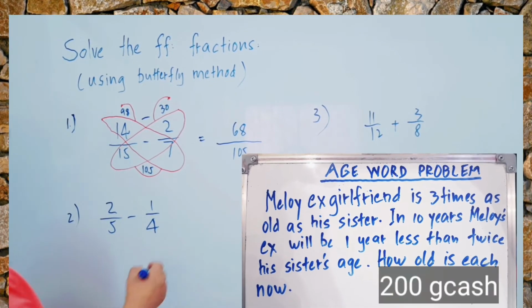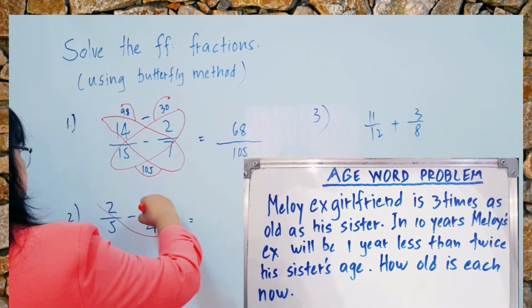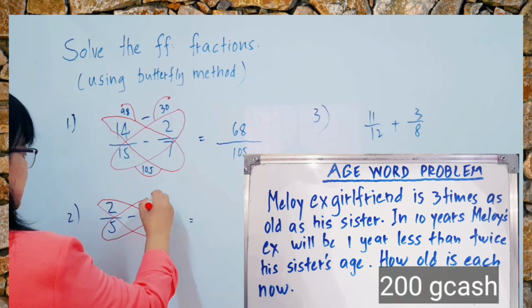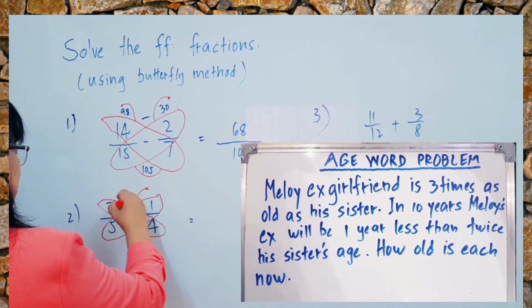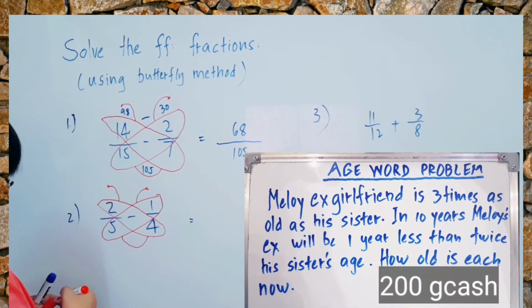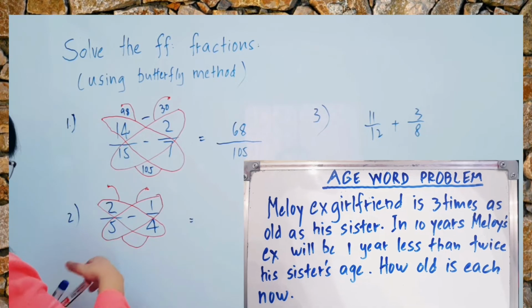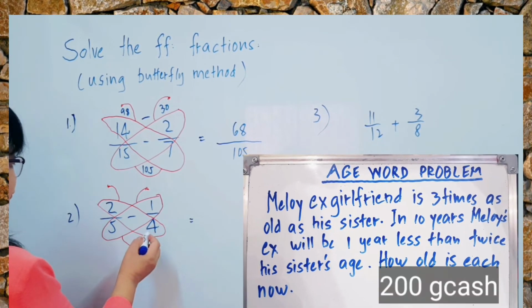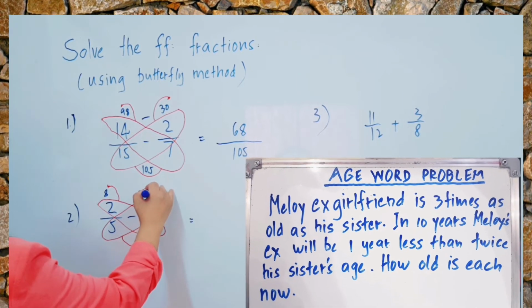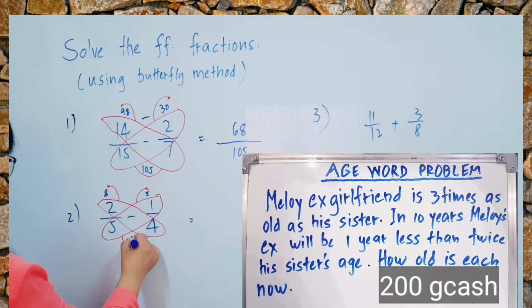How about another example? Again, if we will draw like a butterfly, so this one here, 4 times 2 is equal to 8, 5 times 1 is equal to 5, and 5 times 4 is equal to 20.